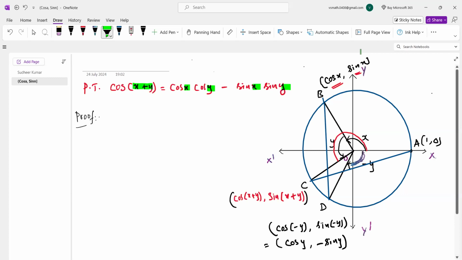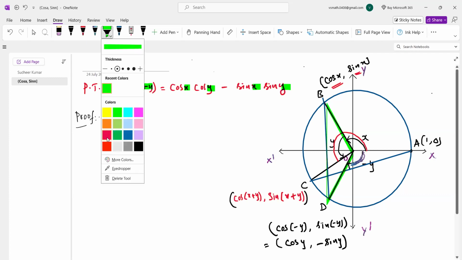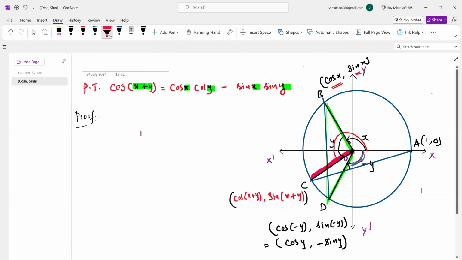Let's consider these two triangles OBD and OCA. In these two triangles, these sides are equal since they are radii of the circle. So let's take these two triangles.